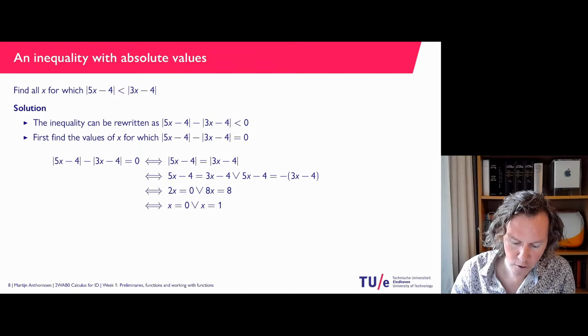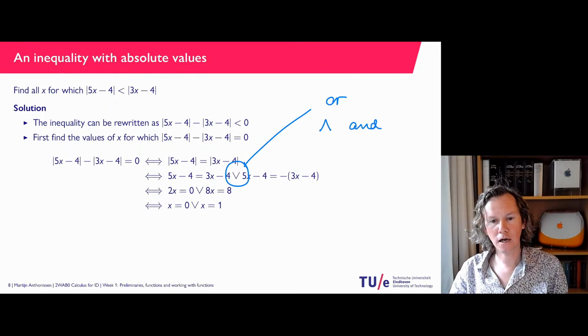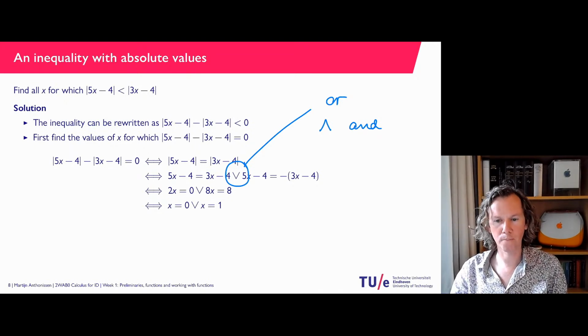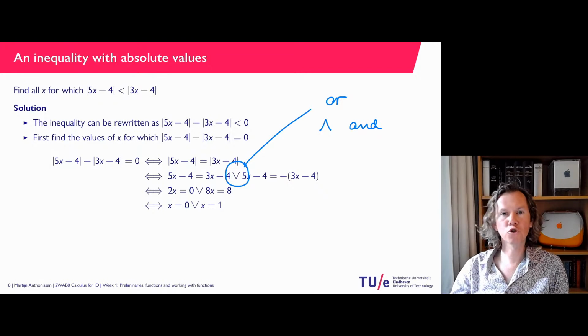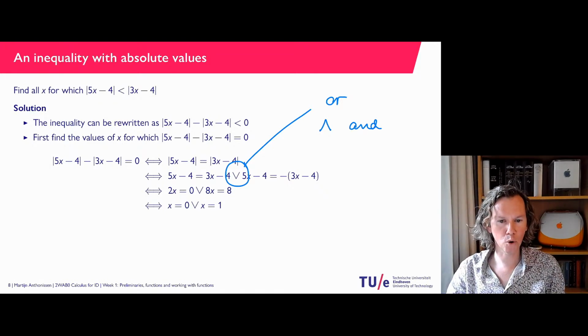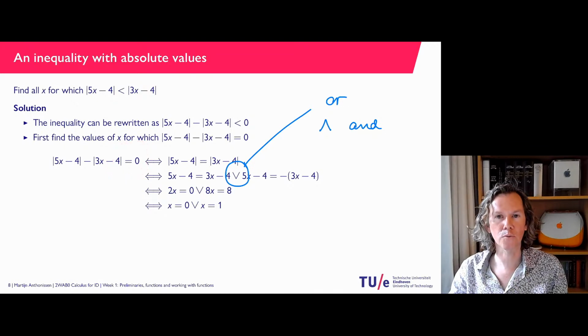This symbol here, I saw a question about that in the chat before, means OR. Before, when I was showing a demo, I had the symbol for AND. And this is the mathematical symbol for OR. Now, if you solve these two equations, you get x equals 0 or x equals 1. Those are the two solutions if you have 0 in the right-hand side.